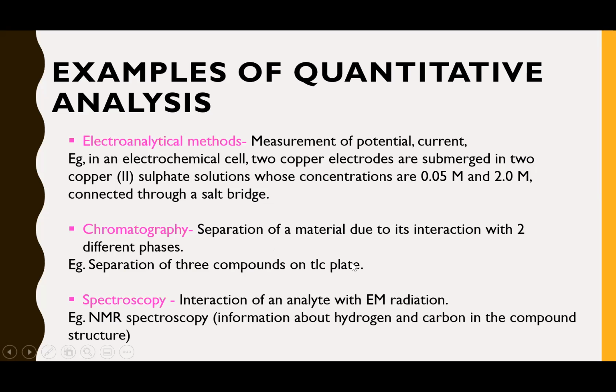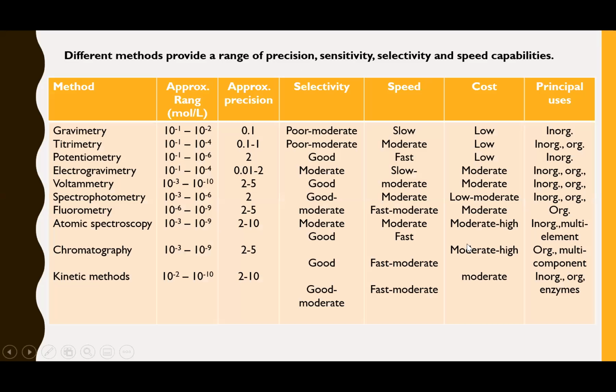And then spectroscopy, interaction of analyte with electromagnetic radiation. No problem. It's okay if you don't know this yet, because what I'm trying to convey here is that we have these methods for quantitative analysis. They are only examples. There are a lot more methods that we have. For example, we have voltammetry, we have kinetic methods, and so on.